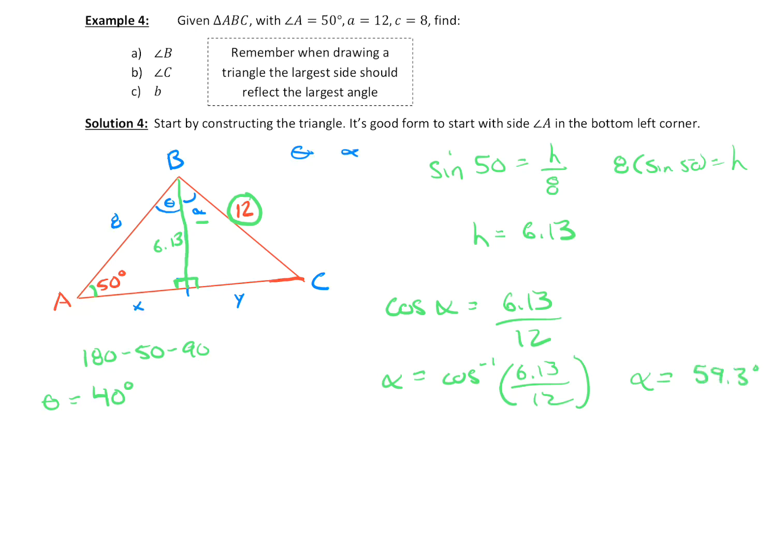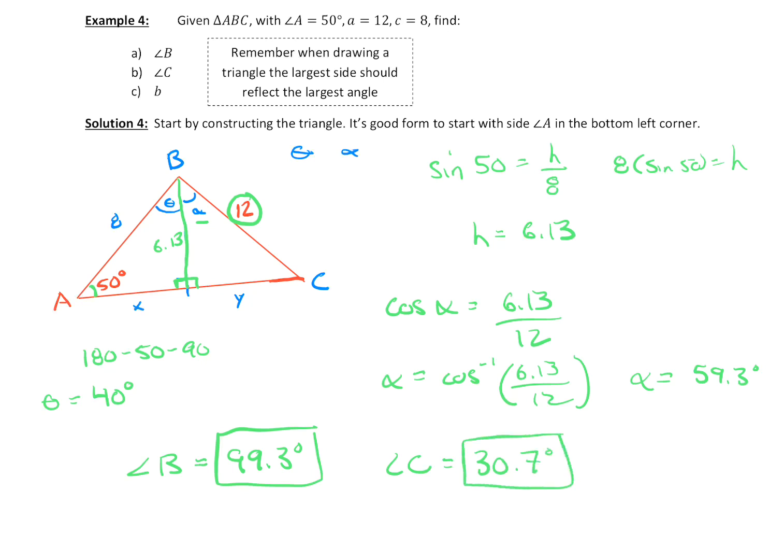So now that you know alpha and you know theta, you can combine them together and you can say, all right, well, I know angle B. Angle B is equal to 99.3 degrees. You just add the two of them together. So now you have angle A, you got angle B, so real easy to solve for angle C. Angle C is 180 minus those things, right? So 180 minus 50 is 130 minus 99.3. You're left with 30.7 degrees for angle C.